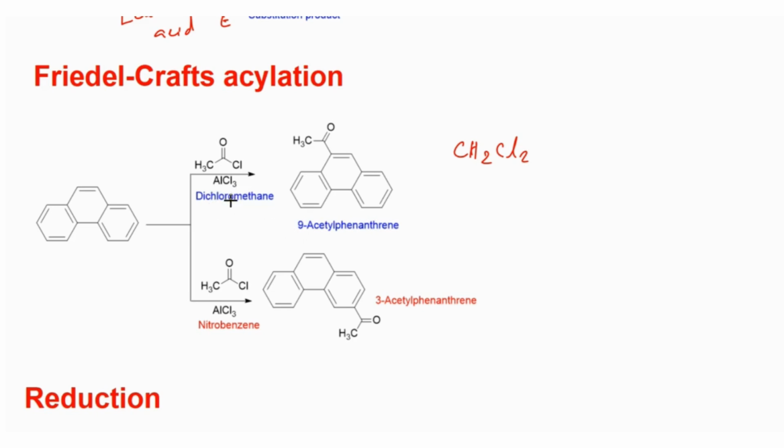When we use dichloromethane, CH2Cl2, as a solvent, the acetyl group is always substituted at the 9th position. But if you use nitrobenzene as a solvent, it will give substitution at the 3rd position. So this is the main difference here. The solvent decides the positions.